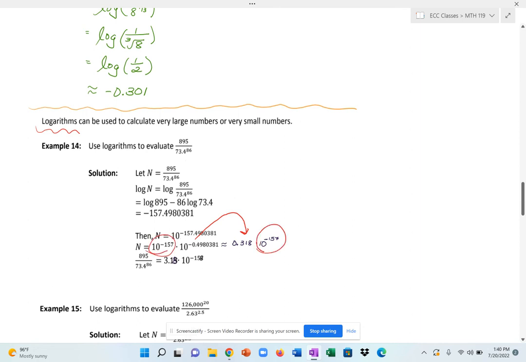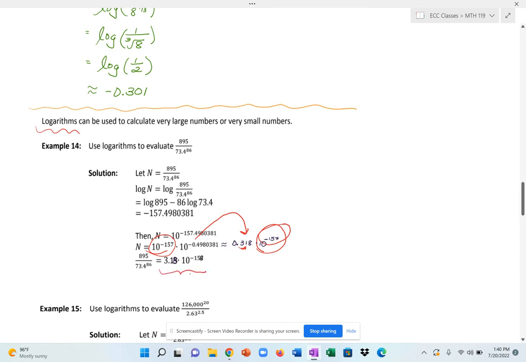Okay, but typically with scientific notation, you put your decimal immediately to the right of the first non-zero digit. So instead of 0.318, I put 3.18. And since I moved my decimal, that means I would have to go 157 places to the left plus one more.